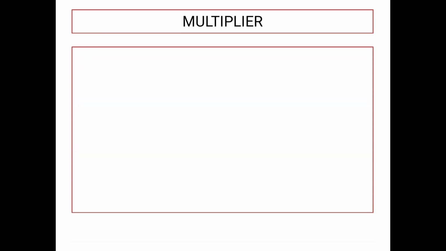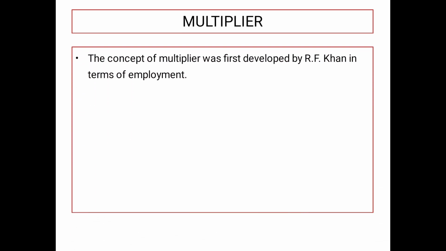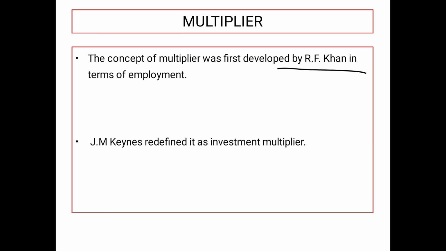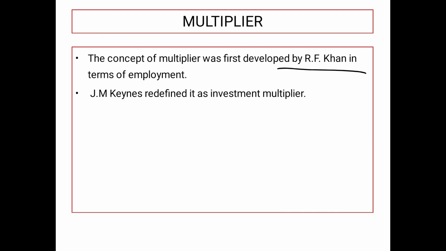Now we are going to see what a multiplier is, how we calculate this multiplier, and what the formula is. First, let us see who developed this multiplier. It was developed first by R.F. Khan, who mentioned it in the context of employment, but after that it was redefined by the great modern economist J.M. Keynes.